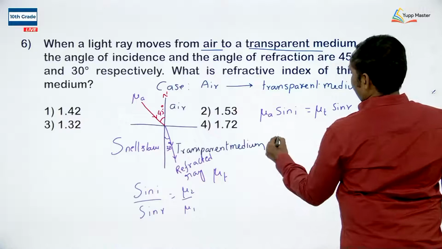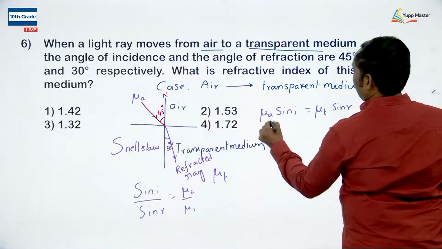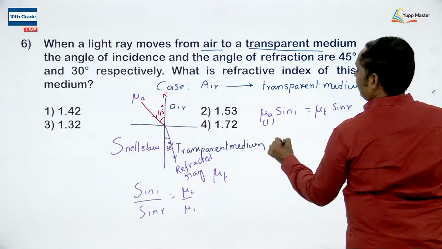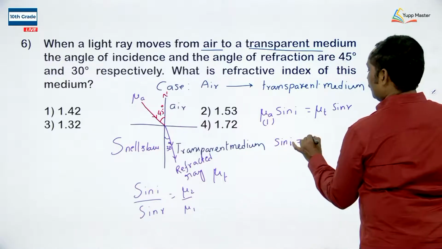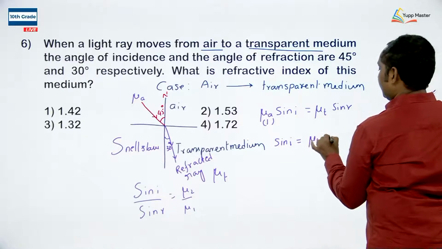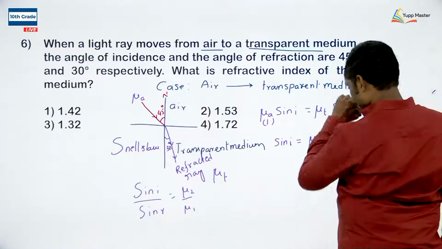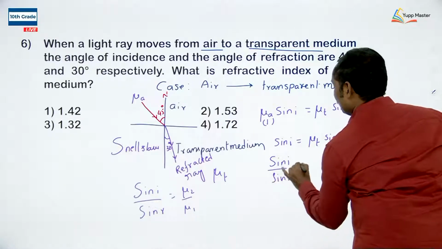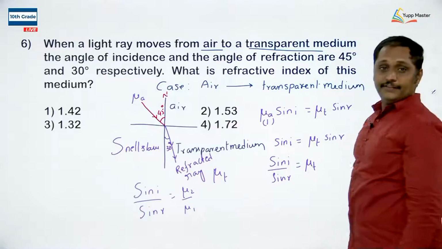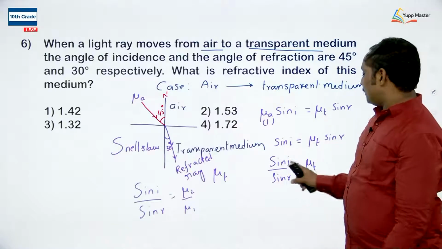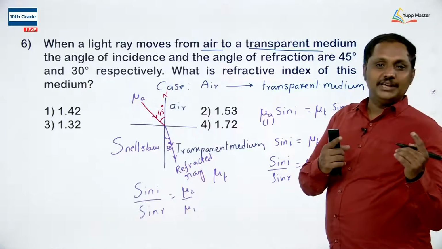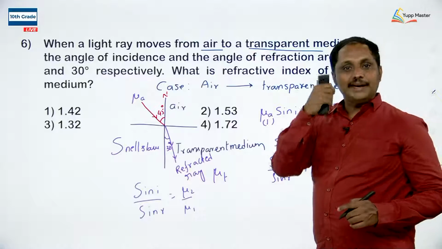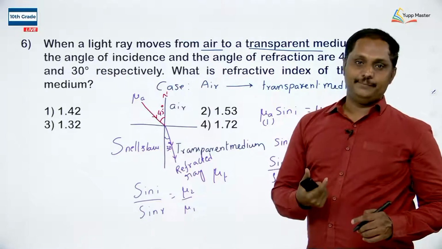Now, mu A is equal to 1, it is very clear. Therefore, sin I is equal to mu T into sin R. Therefore, sin I by sin R is equal to mu T. That is the case you have to consider. By substituting this value, you will find mu T. Mu suffix T indicates the refractive index of the transparent medium.